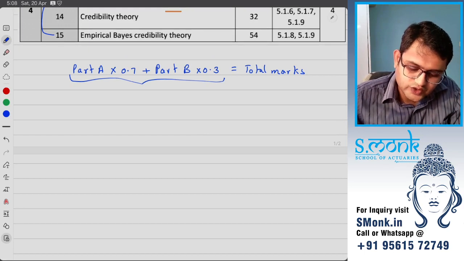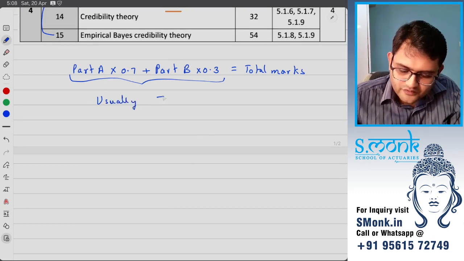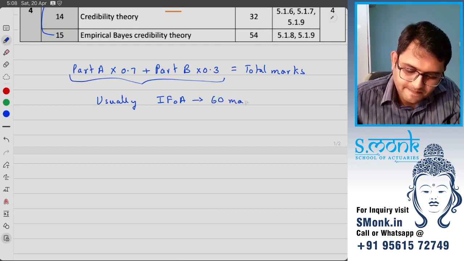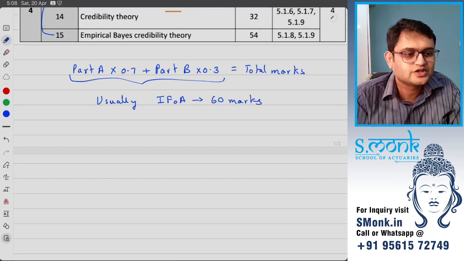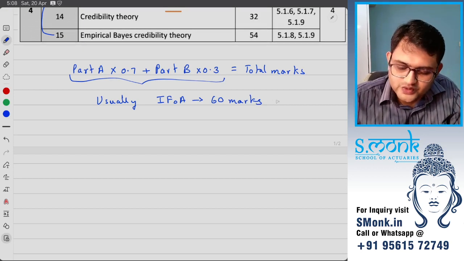Usually for IFOA, the passing mark is about 60. It depends. It might be less than 60, it might be more than 60, but usually it is 60.